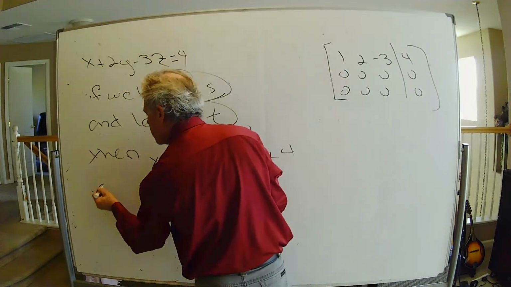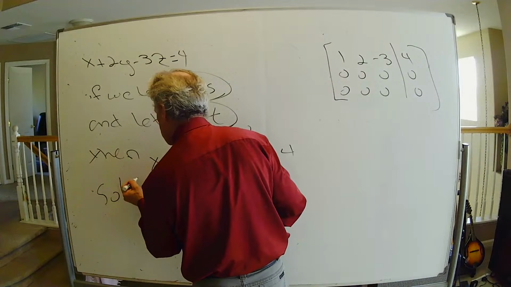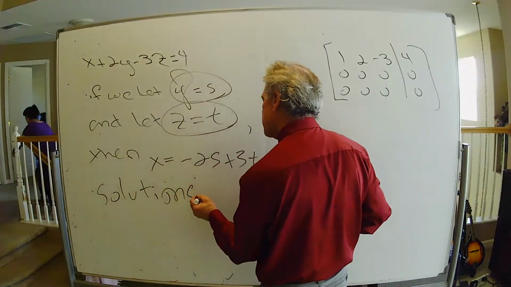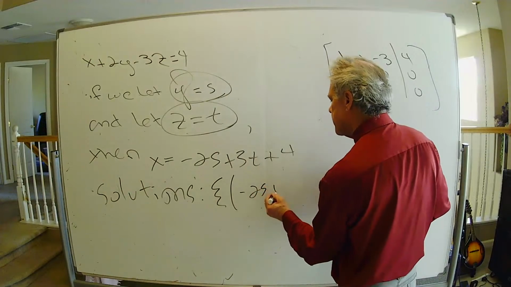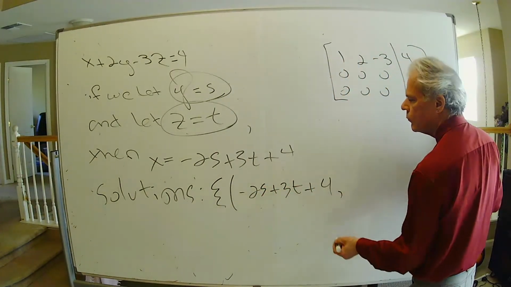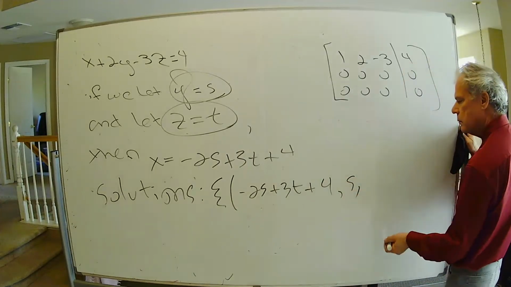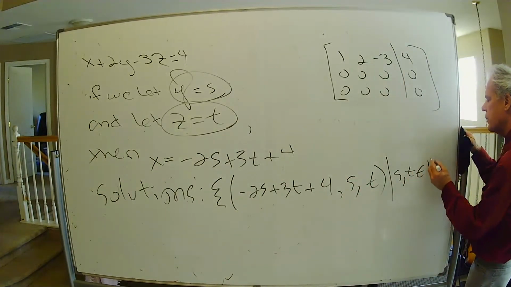And so I would probably write my solutions back in solution set notation as such. So x is negative 2s plus 3t plus 4. y is s and z is t, such that both s and t range over the reals.